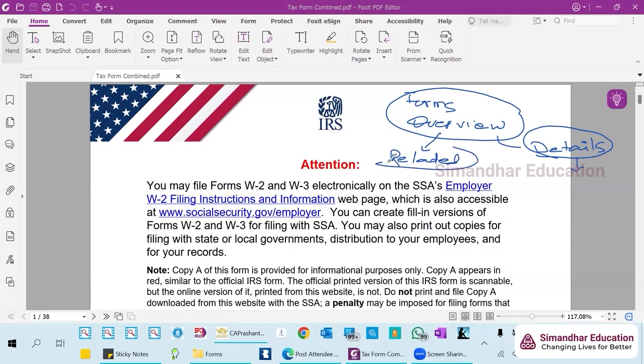It is always beneficial to understand the subject with forms and with overview. And here is the one which is needed, which is directly related. All the details wherein your MCQs kick in.